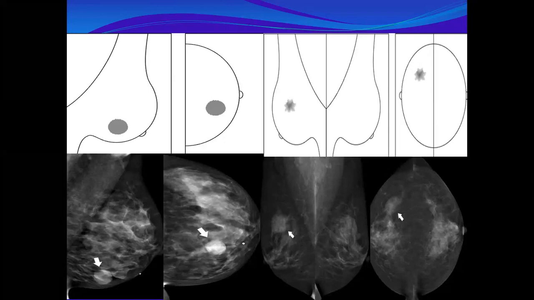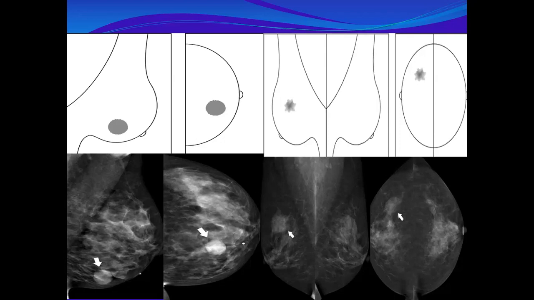If you do a compression view, you might see an underlying mass. Sometimes you might find an underlying mass superimposed or obscured by overlying hyperglandular tissue, giving you an asymmetry.